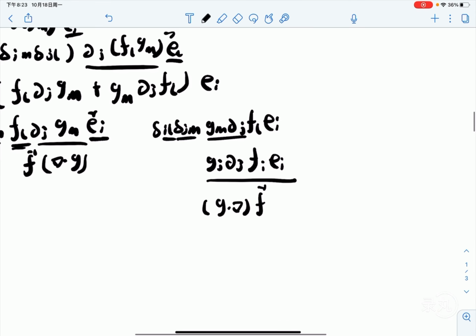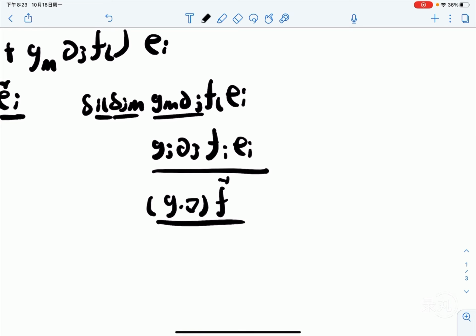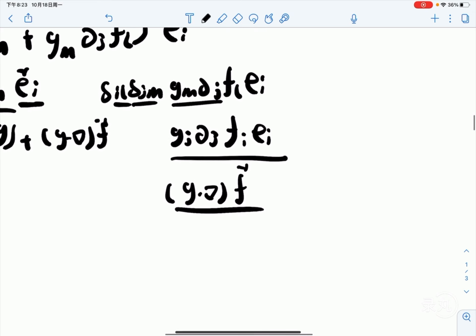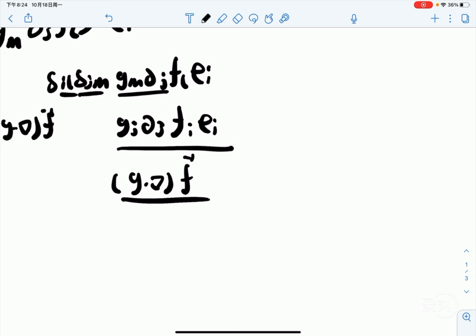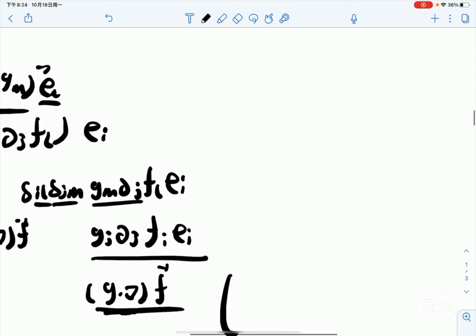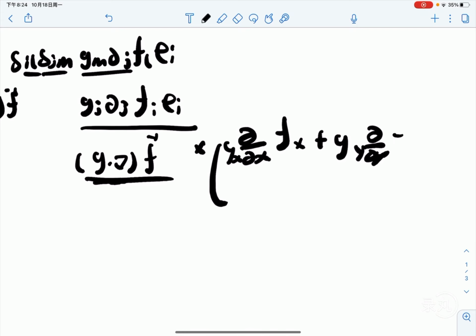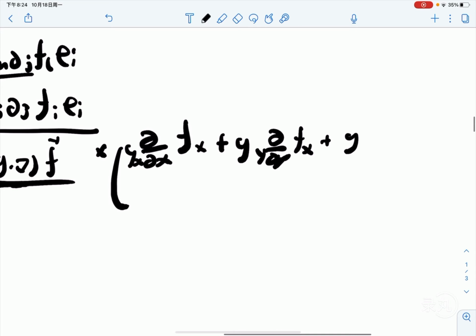For convenience, we write it out like this. So this is equal to G dot this F. So what is this? For the F, it is taking G_x ∂_x F_x plus G_y ∂_y F_x plus G_z ∂_z F_x, and so on.